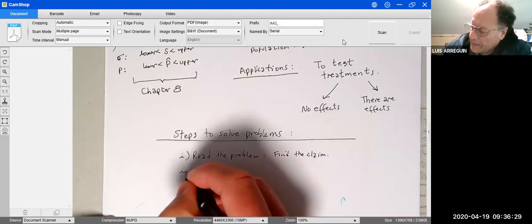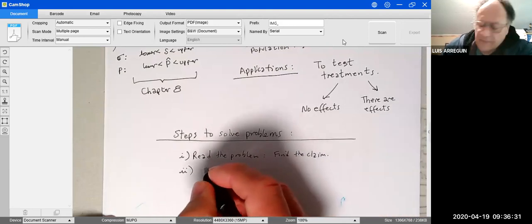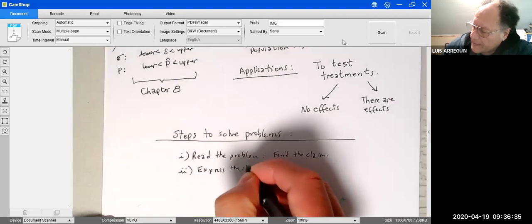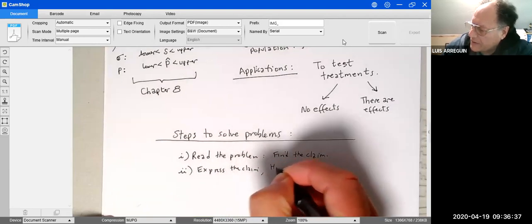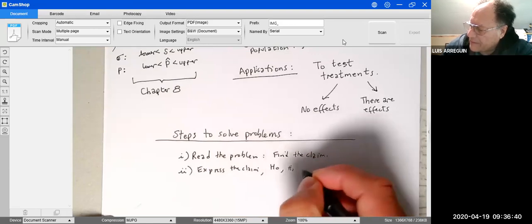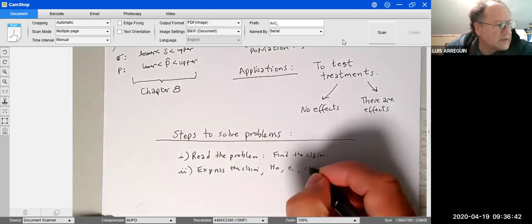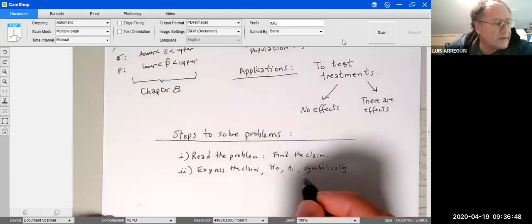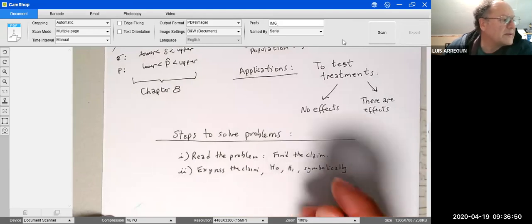Then we're going to express the claim, and also the null hypothesis and the alternative hypothesis, symbolically. We're going to learn about the null and the alternative hypothesis in a minute.